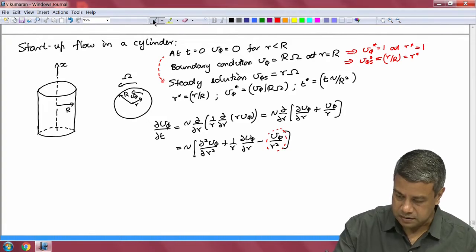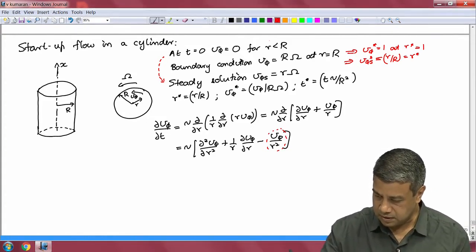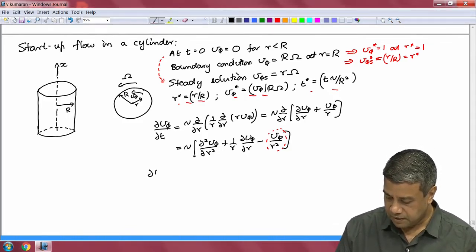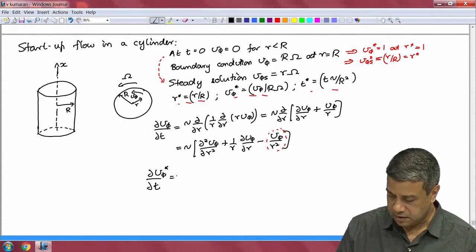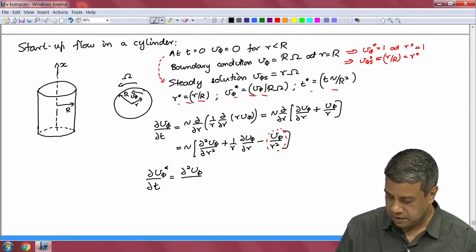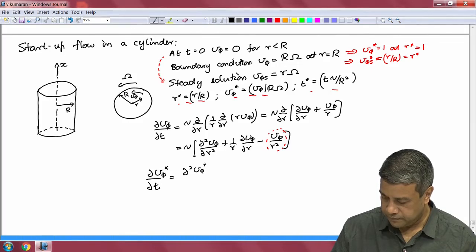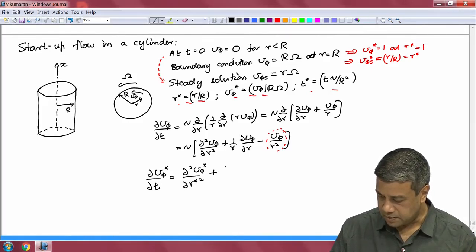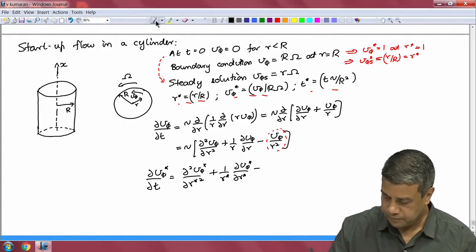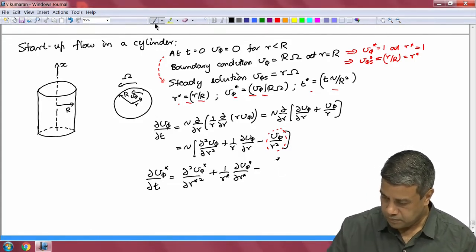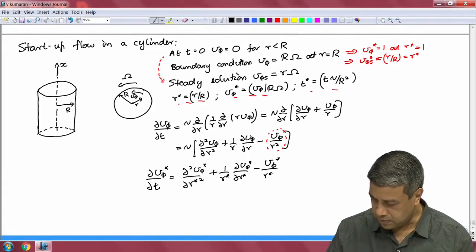So, this is the velocity. Now, using this scaling, it is easy to see that the equation will be of the form partial v phi by partial t is equal to partial square v phi by partial r square plus 1 by r partial v phi by partial r minus v phi by r square.